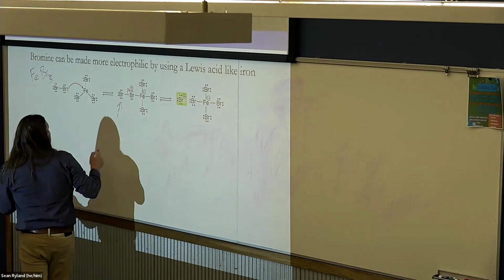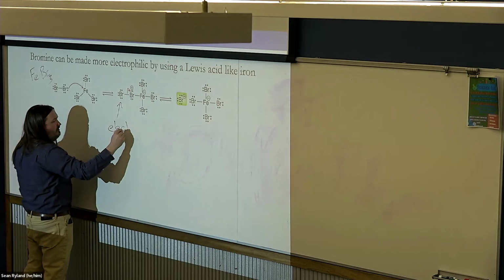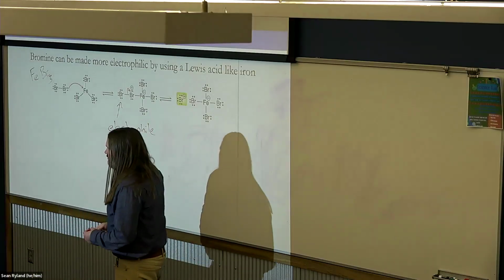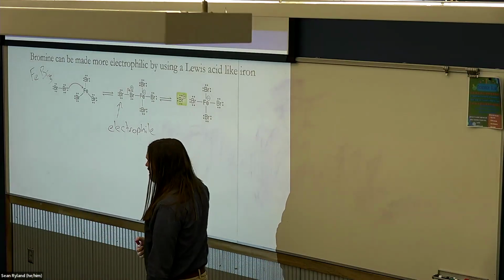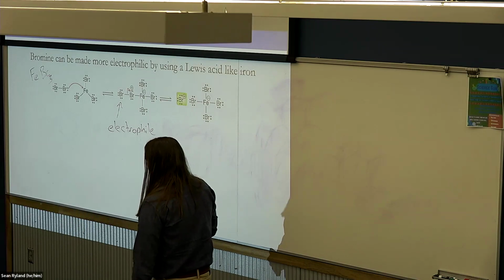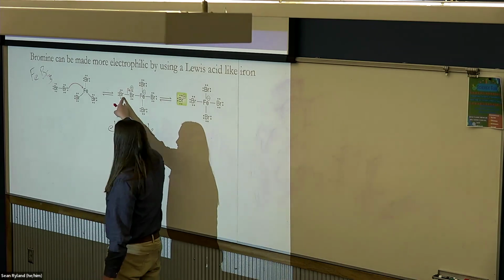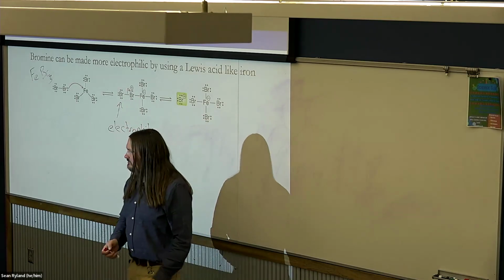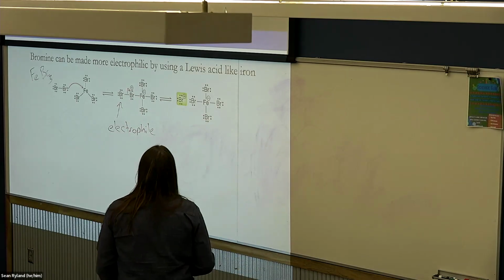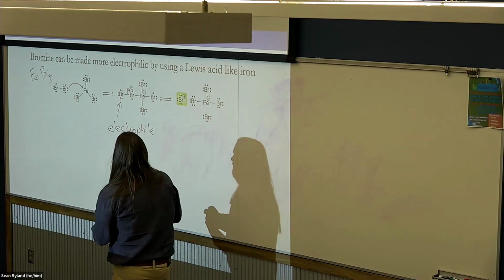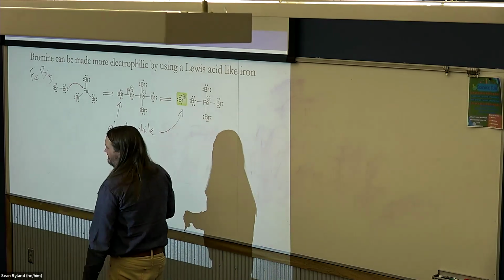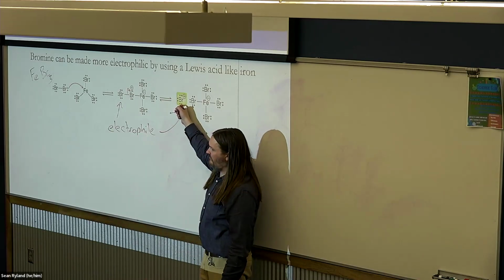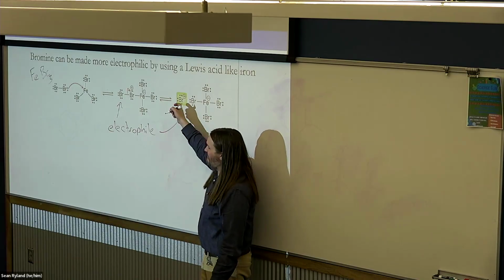Which makes this bromine our electrophile. So it's going to be very similar to what we saw with the addition reaction, except even more so. Now it's even more pulling the electrons towards one side of that bromine bond, which makes it act like this. We're never actually going to see bromine with a plus charge, but it can behave that way.